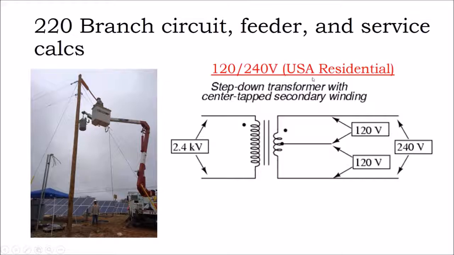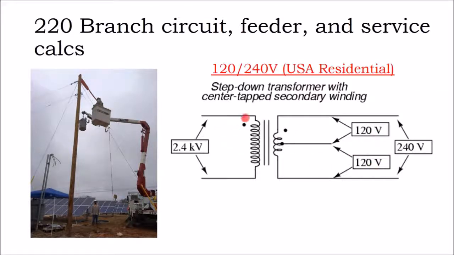So here we have a 220 volt branch circuit service. This is 120/240 volt split phase. The reason why we use this 120/240 volt residential electric service is simply that this is the common transformer, where the windings inside the transformer are specifically designed to make it, and it's just the standard that we use.